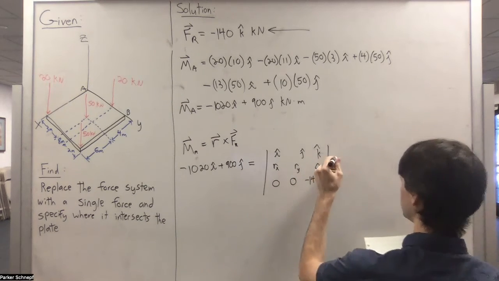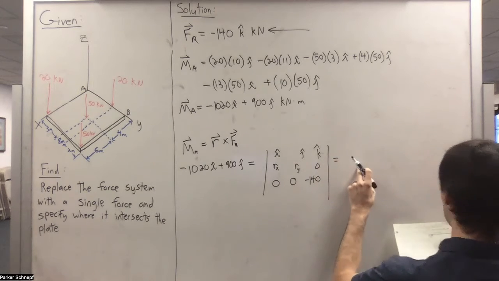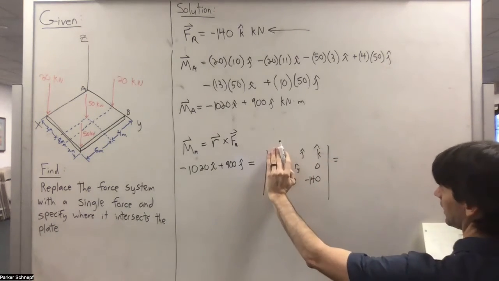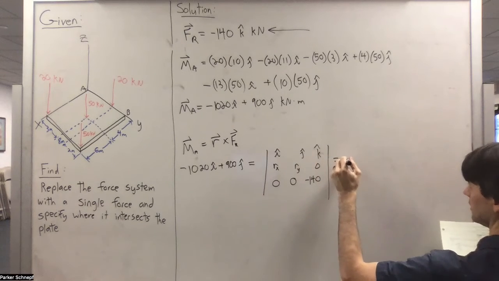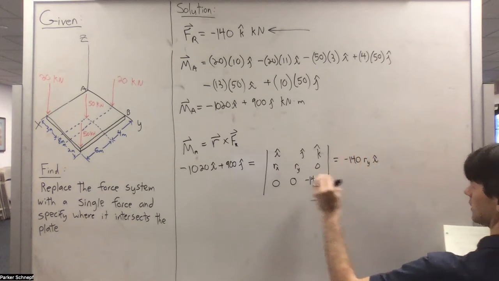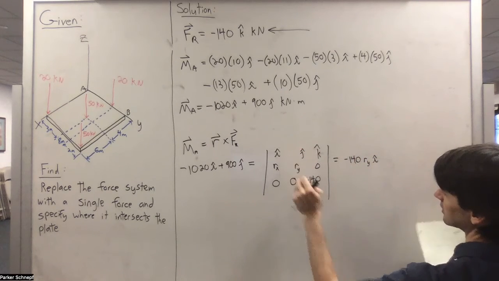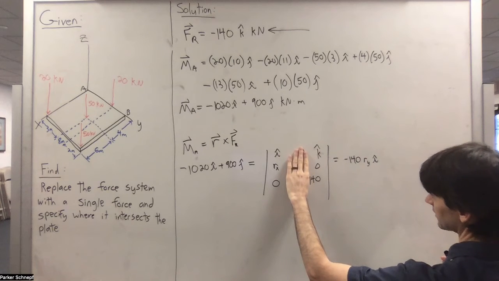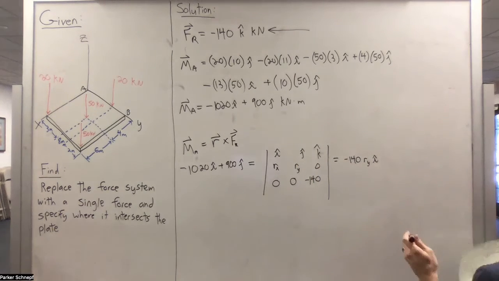We'll simplify this out, and that gets us ry times negative 140, so negative 140 ry. For j, we cover that up and we get minus rx times negative 140, so that should be positive.